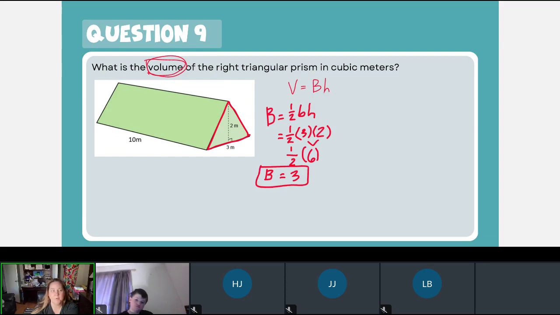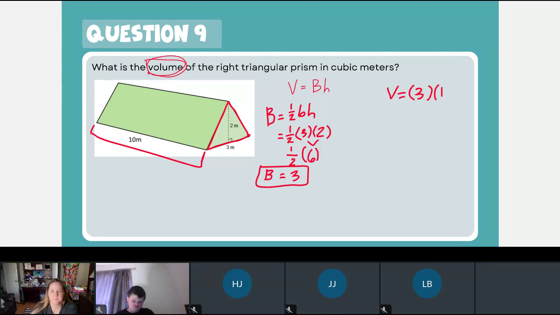We're not done. We've just solved for the base. Okay, so now if we plug that in, our volume equals 3, because our base we just found is 3. What is our height of the shape? So the height is going to be from here to the top. What does that tell us that's equal to? 10.